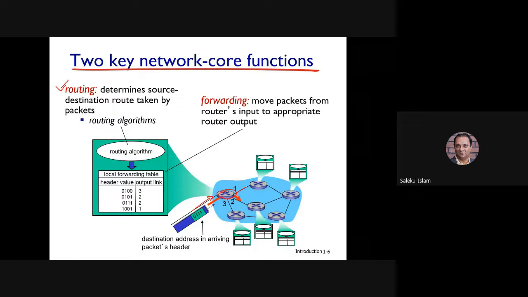But we ignore this link, because definitely the router will forward this packet to other links, not the same link. Say, for example, you are in Dhanmondi and you want to go to Gulshan. From Dhanmondi you will come to, say, the crossing where Dhanmondi 27 and Mirpur Road meet.